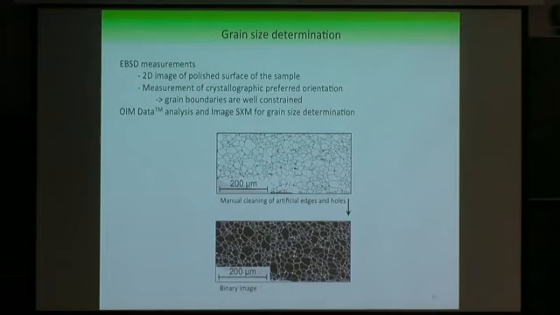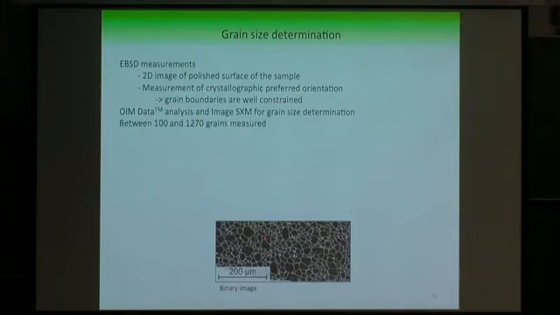The surface area was used to determine the grain diameter by considering that each grain was a sphere. For all the samples, I acquired between 100 and 1270 grains in order to get a statistical grain size distribution, which presented a normal grain growth distribution.